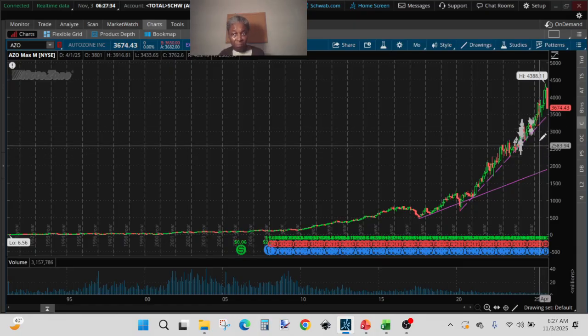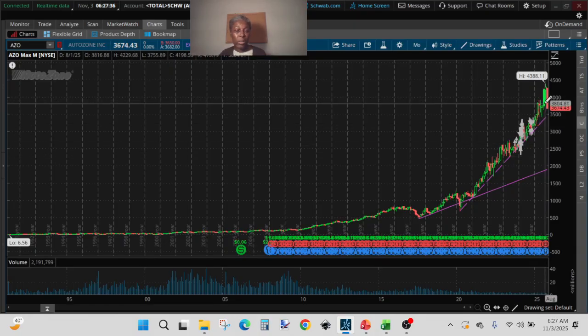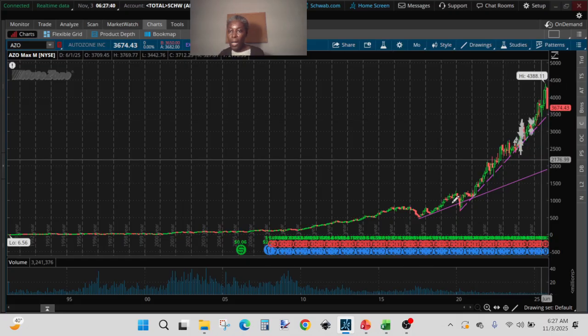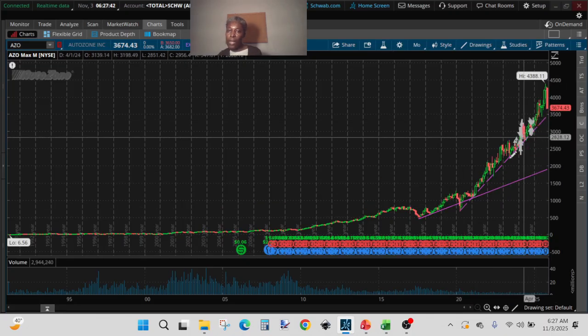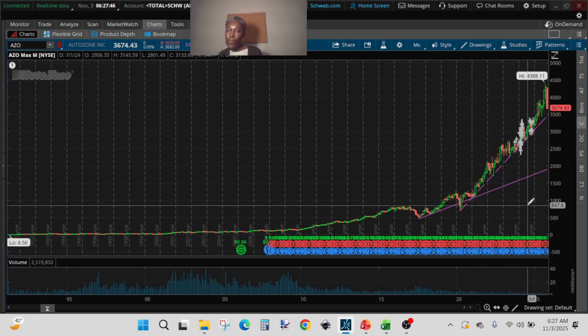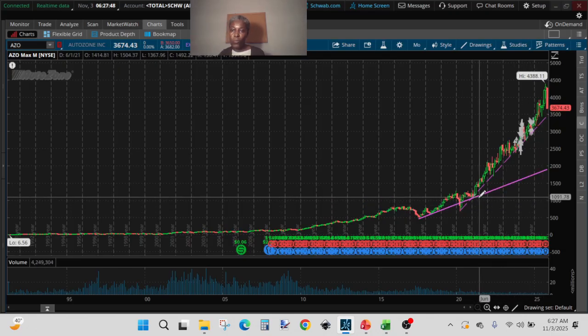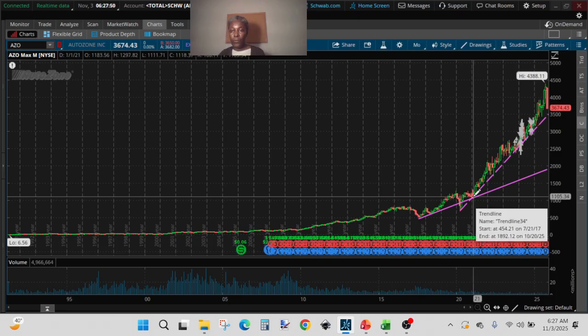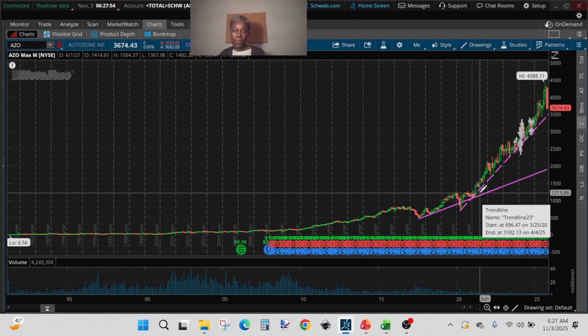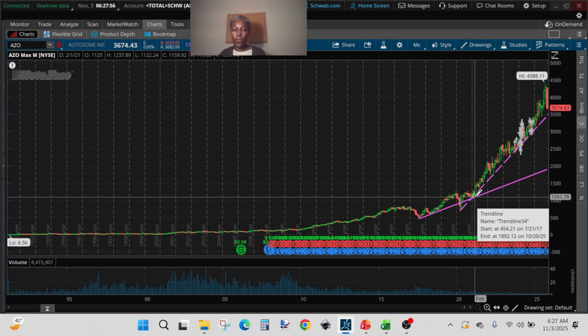But at this point it's going down, so I will see if it's going to rest here and start going up or not. But it has been on this rise for 1, 2, 3, 4, 5 years now. So it detached itself from this valley line for 5 years now.